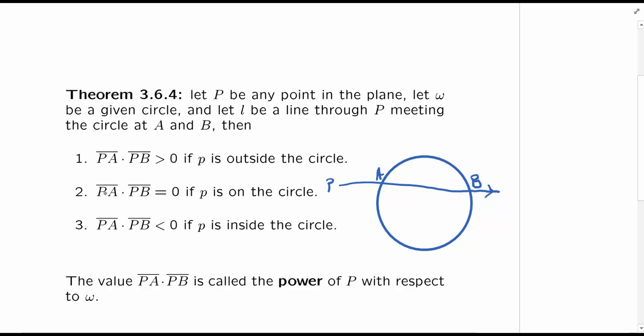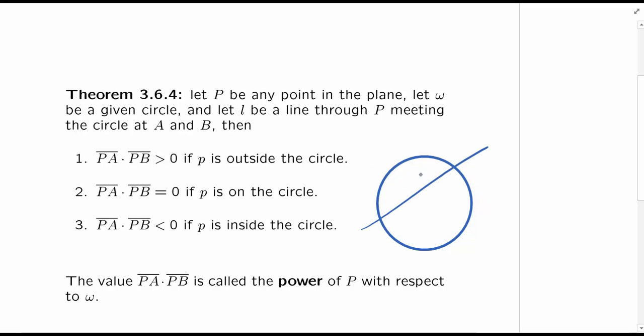If PA times PB is equal to 0, though, that means that one of PA or PB has to be 0. Well, the only way that PA, for example, could be 0 is if P and A were the same point. So PA times PB equals 0 means that either P is on the circle and it's point A, or P is on the circle and it's point B. And then for P inside the circle, that's when PA and PB are in different directions.